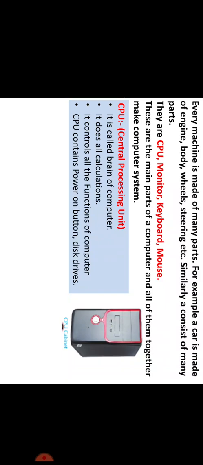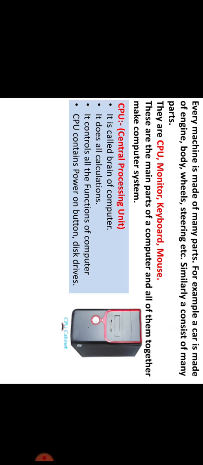What did we learn about the CPU? CPU is the brain of computer. CPU does all calculations. Which calculations? Addition, subtraction. These are called calculations.